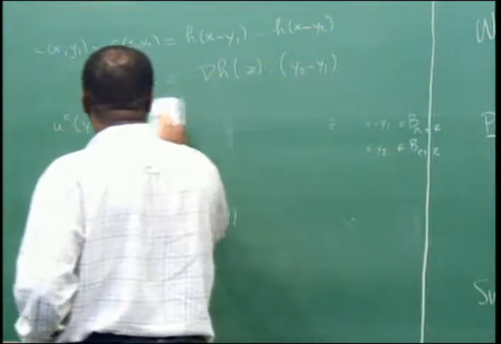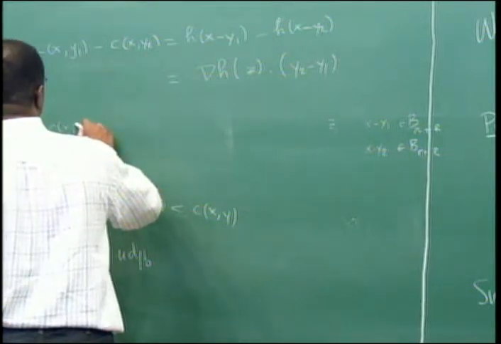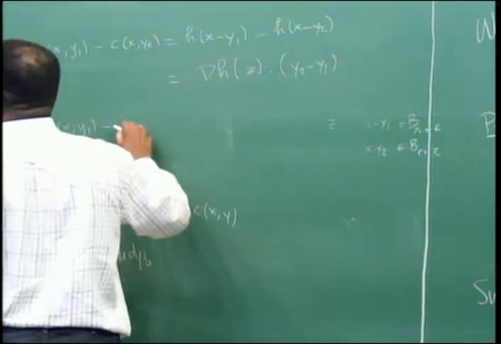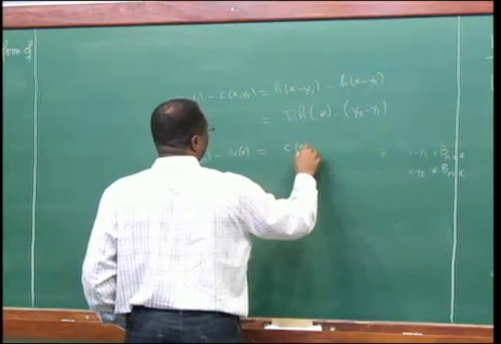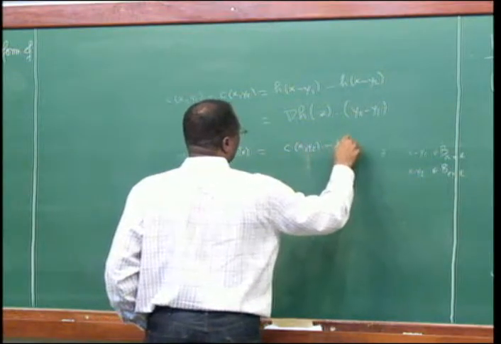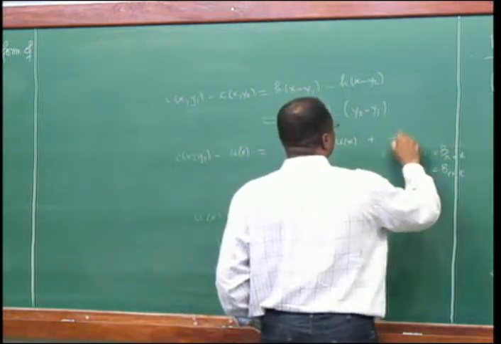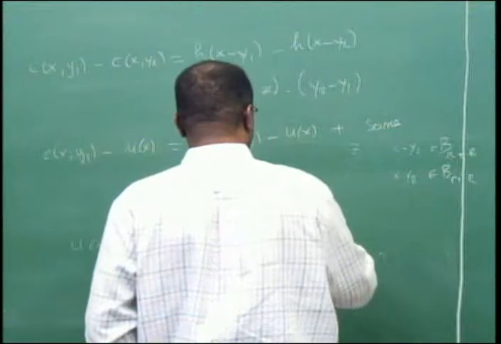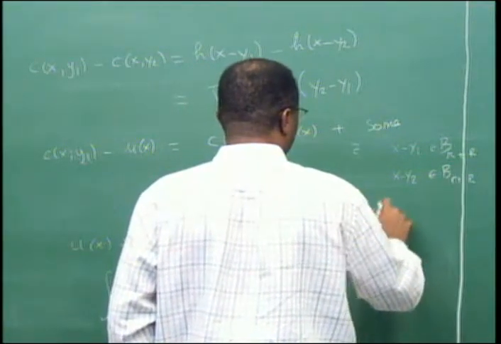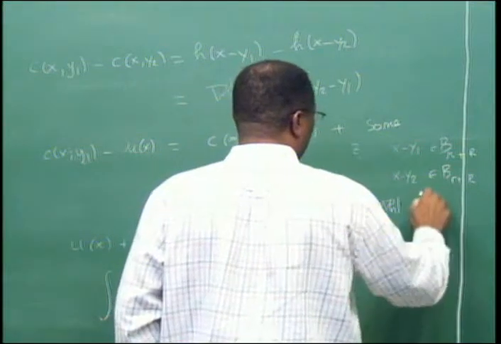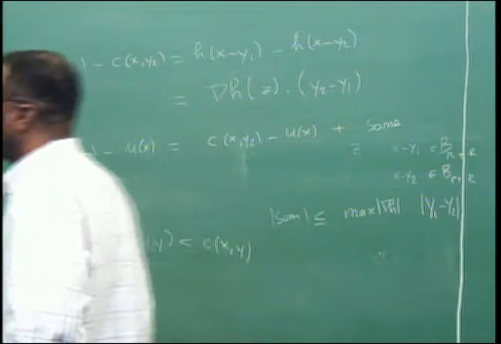So I have c(x,y1) minus u(x) equal to c(x,y2) minus u(x) plus something. And this something is less than or equal to the maximum of the gradient of h, times y1 minus y2.